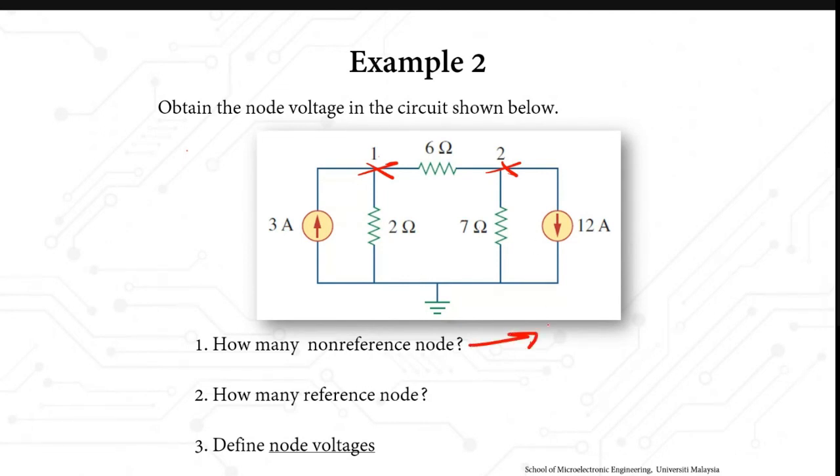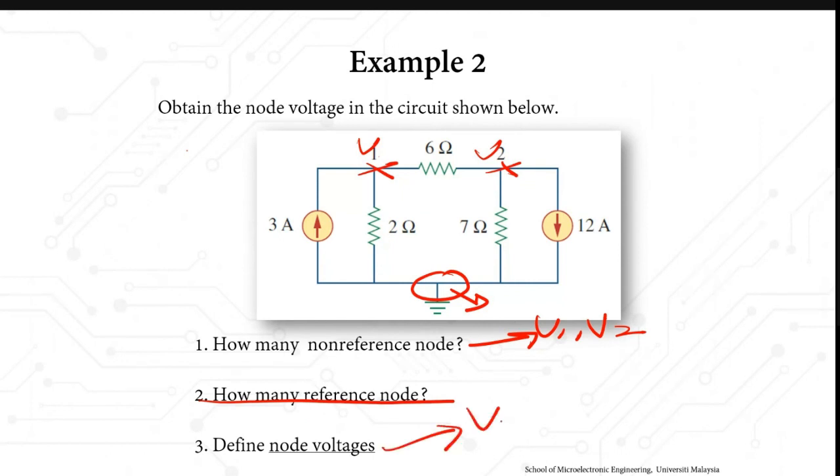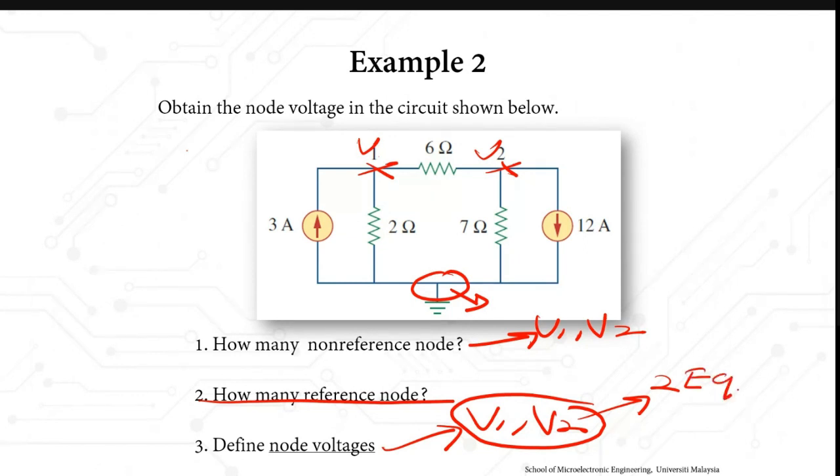You have two, V1 and V2. And how many reference nodes? You have this one, the reference node here. Now you can define the node voltages, which are V1 and V2. Since you have two voltages, you need to have two equations.